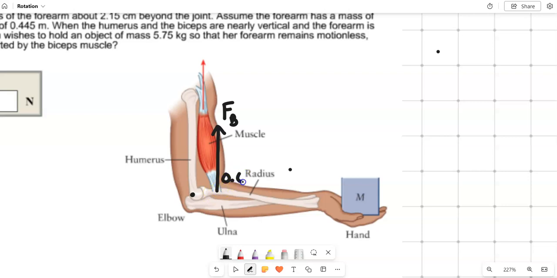So that's 0.0215 centimeters from the elbow.